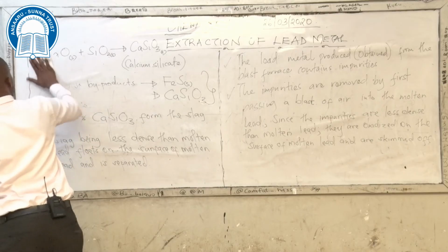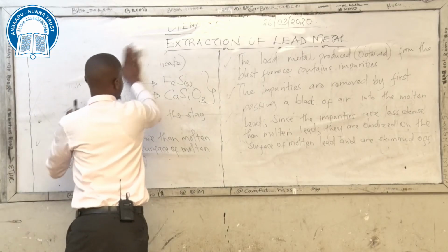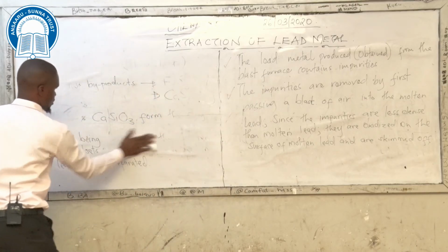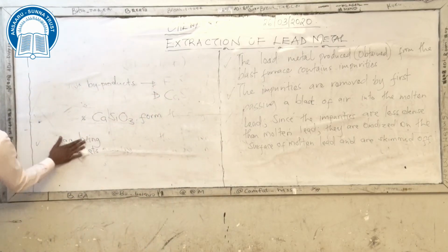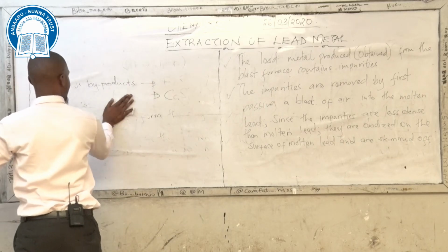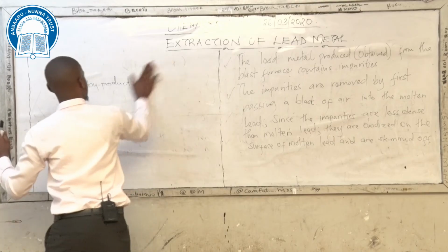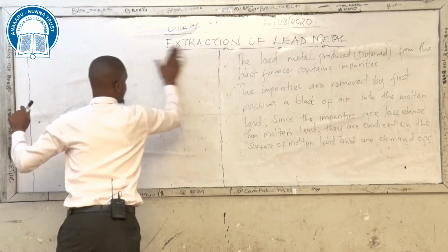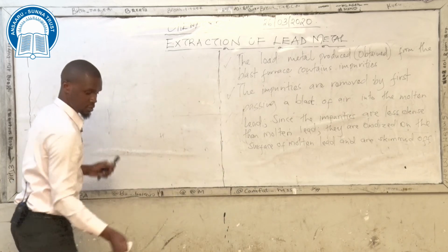But other than that, a more pure lead is obtained by purification through electrolysis. And by the way, one of the major and the best ways of purifying metals is electrolysis.